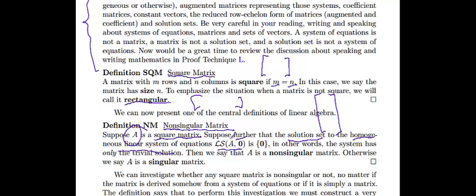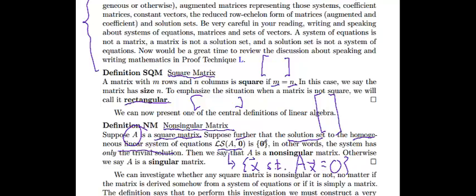Now what does this mean? LS(A, 0) is the set of vectors x such that the matrix A times x is equal to 0. This is what we call the solution set to this homogeneous linear equation.